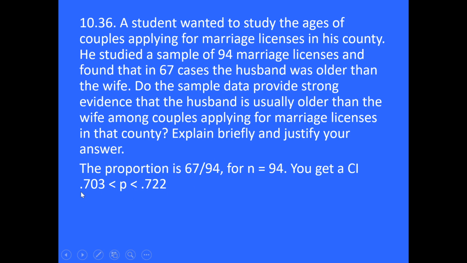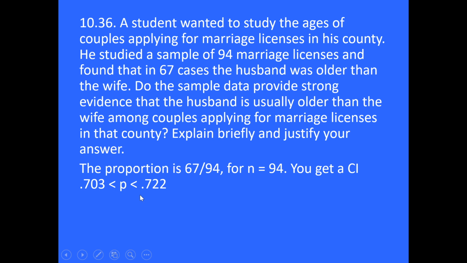All right, what we have here is the confidence interval you get. So as you can see, for men to be older, this would need to be 50% or more, wouldn't it? It'd have to be more than 50%, right?